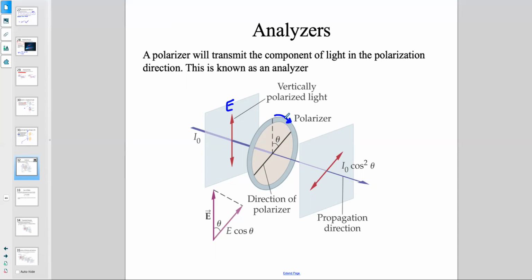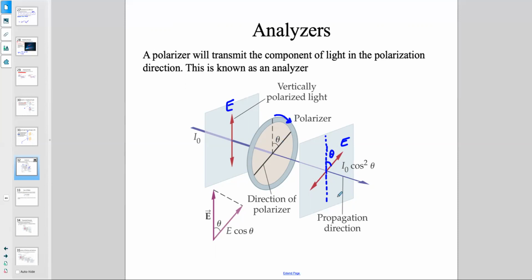So at the end, I have an E field that is bent theta degrees, 60 degrees, 30 degrees, 10 degrees with respect to the direction of the polarization. This would be the exact same value that I set my analyzer to.